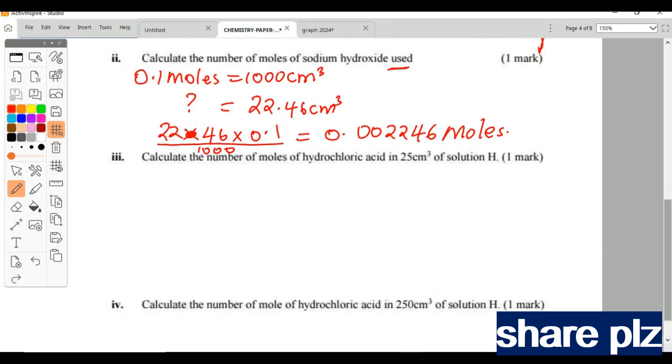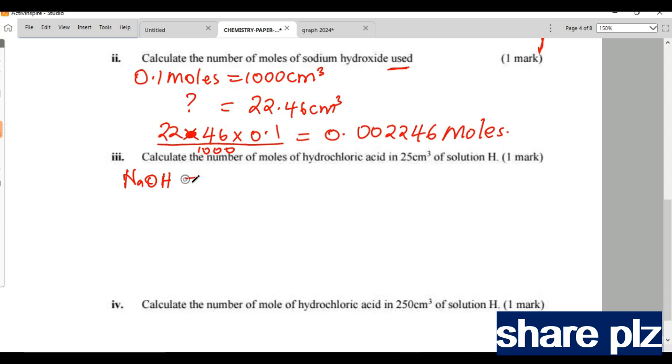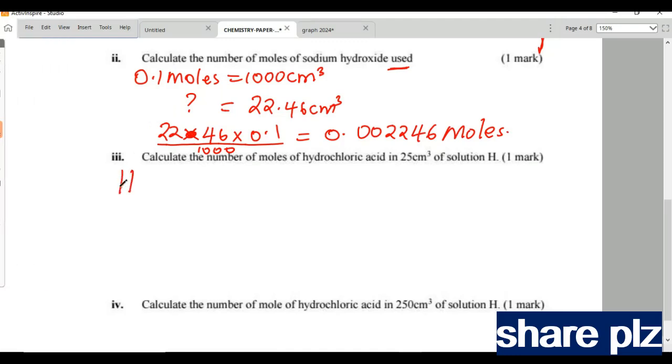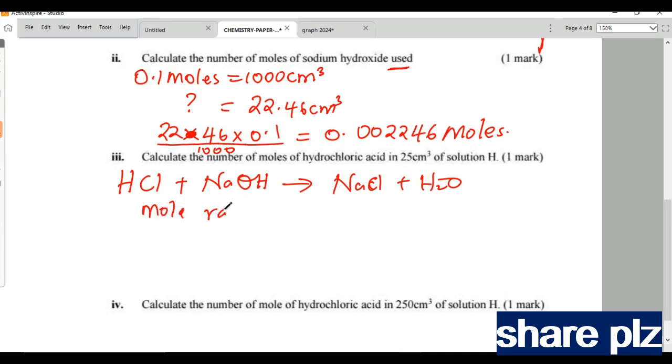Calculate the number of moles of HCl in excess from procedure 1, as reacted with sodium hydroxide. HCl will react with sodium hydroxide to form sodium chloride plus water. The mole ratio, as you can see here, is 1:1.